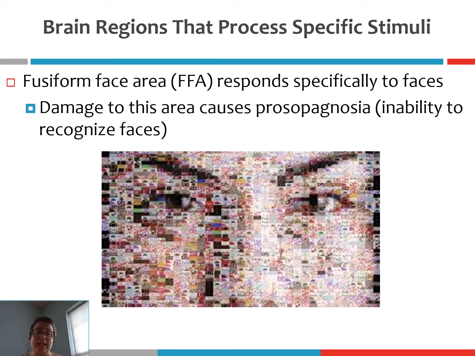So it would make sense that this particular region would show activation whenever we see a face because of all of that experience. But it also shows activation for other visual stimuli that we have a lot of experience looking at. Okay? So that's our first brain region that seems to show evidence of specialization of function.